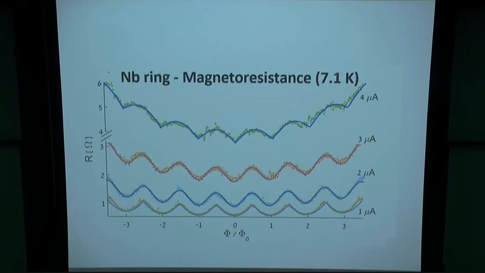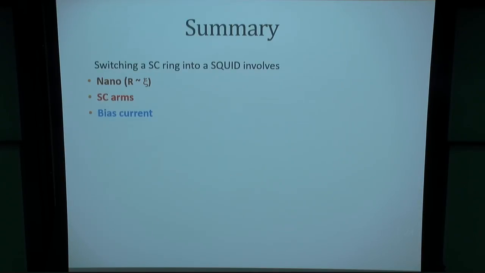And what I want to summarize now, the essence of the talk, is the following. We can switch a superconducting ring from the Little-Parks behavior to a SQUID. By the way, we can switch it back and forth. It's a reversible process. But we need three ingredients, or three conditions.